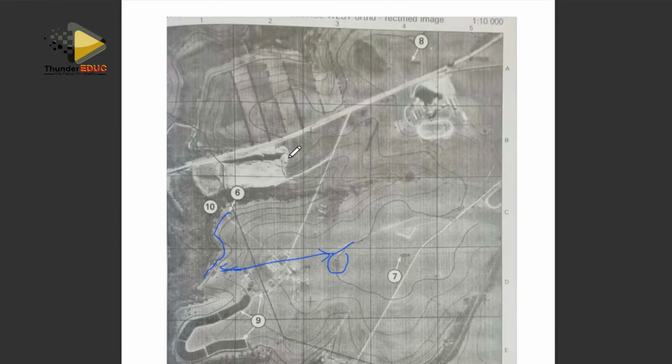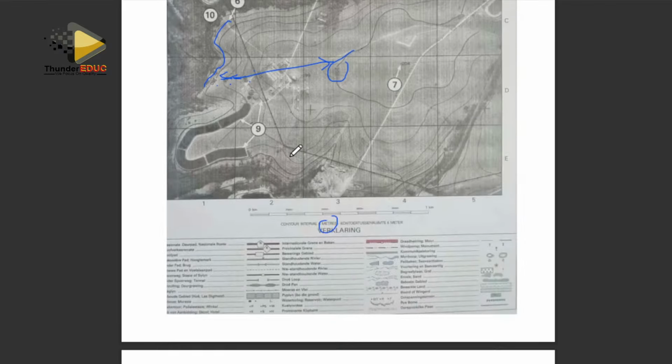I can't see it clearly, but I would wish to give you the right answer. This looks like 180. When we minus 5, because we are going outwards, it becomes 175.